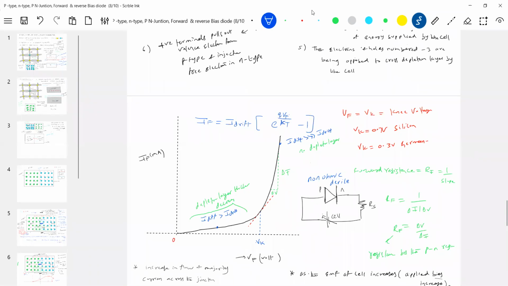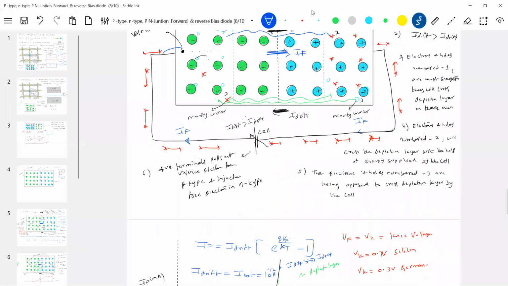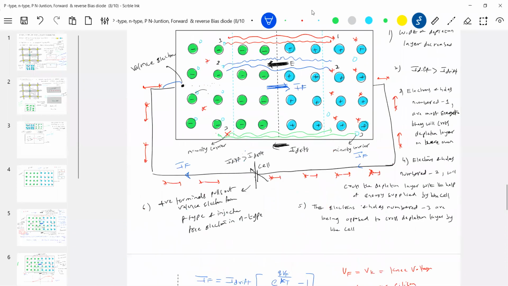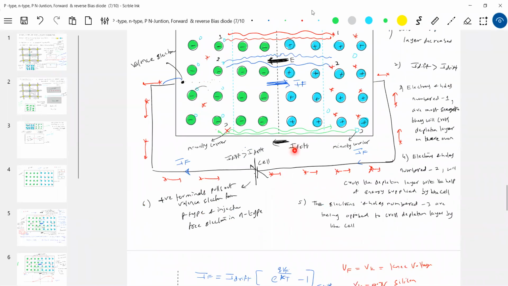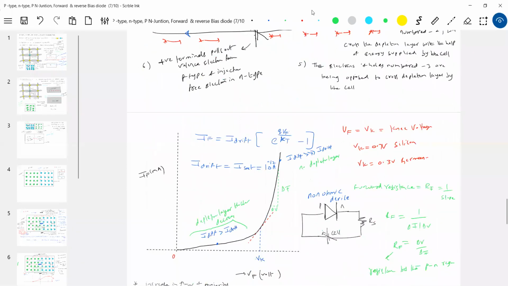In this equation, what is I drift? This I drift is also called the saturation current. It will be of the order of 10 to the power of minus 12, very small current.